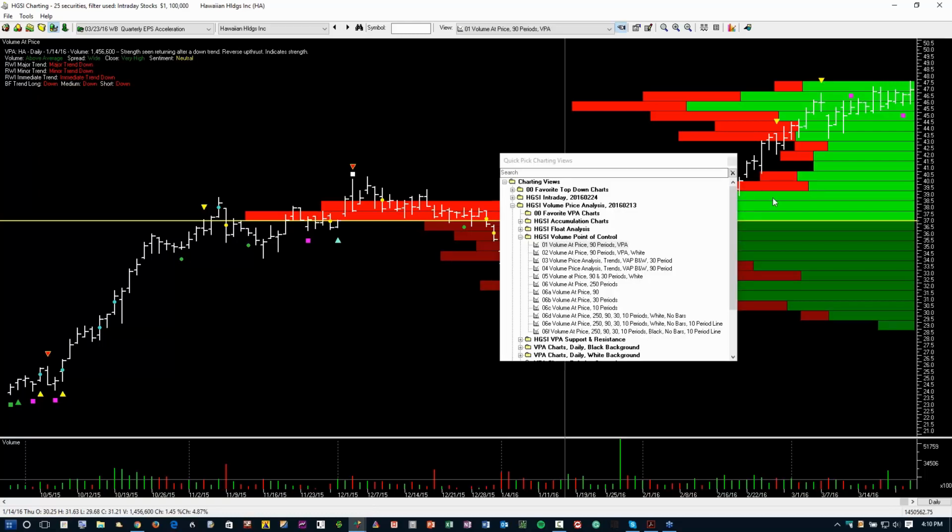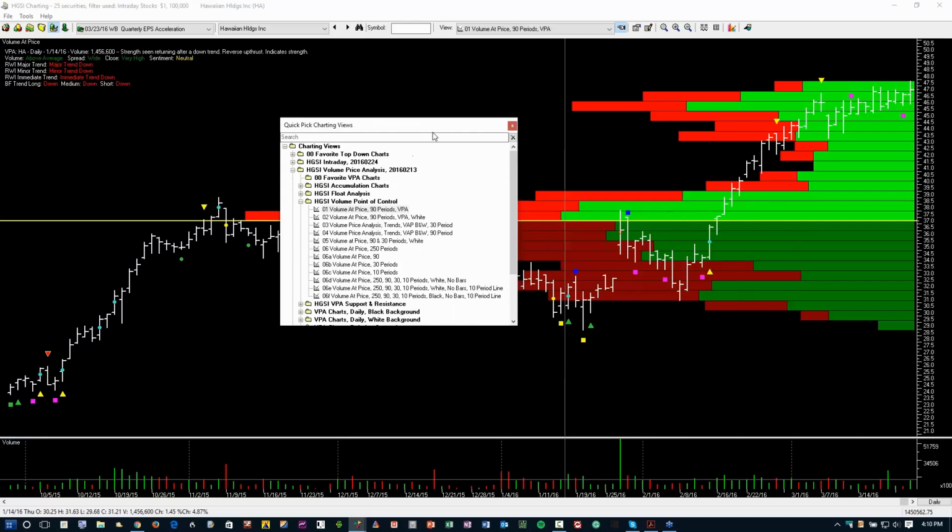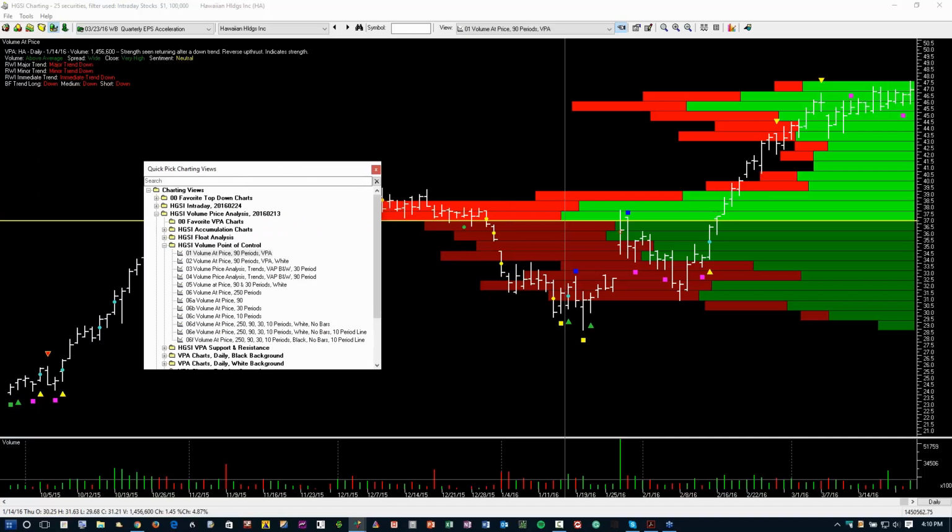One of the questions is how does this compare with the volume weighted average price? Traditionally, the volume weighted average price isn't really used with end of day data, but they're very similar kinds of concepts, and so the VPOC could be seen as an end of day version of a VWAP.